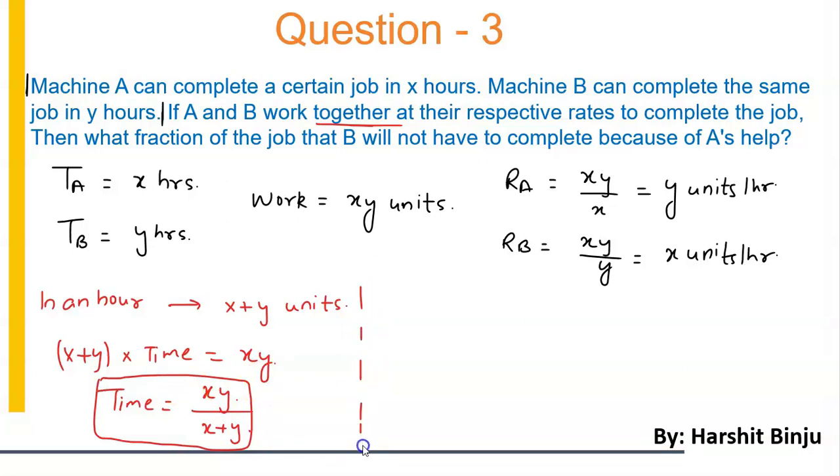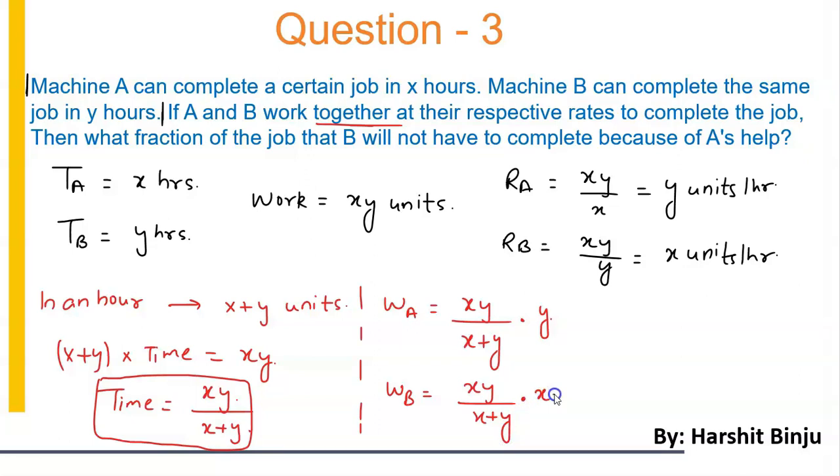Now, if the total time taken is XY divided by X plus Y, then what fraction of the job will B not have to complete because of A's help? We can say that work done by A will be equal to time taken, which is XY divided by X plus Y, multiplied by rate of A, which is Y, and work done by B will be equal to total time taken, XY divided by X plus Y, multiplied by rate of B, which is X. Now what's the question?